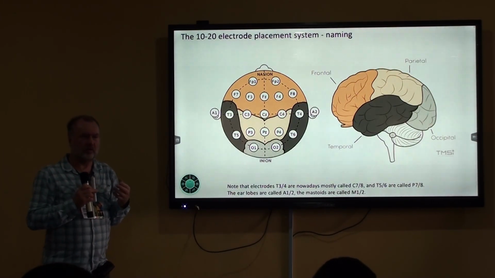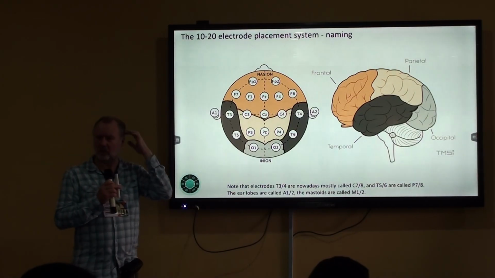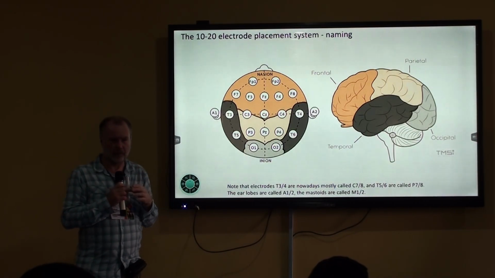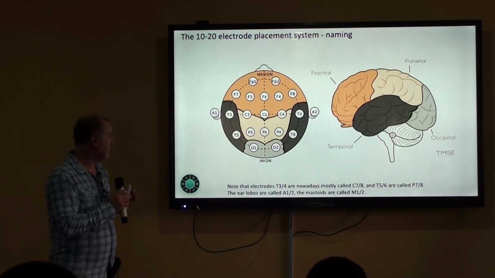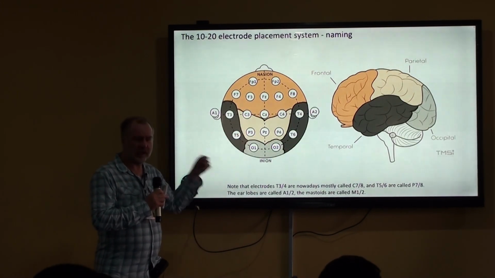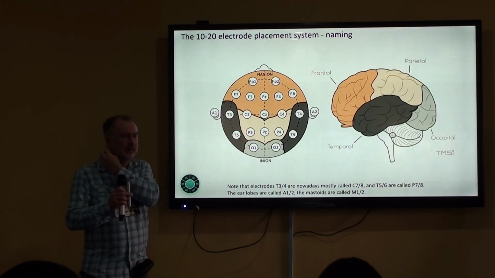So that is just something to know, that T3 and C5 is basically the same location on the scalp. Oh yeah, and the earlobes are called A1 and A2, and the mastoids are called M1 and M2.